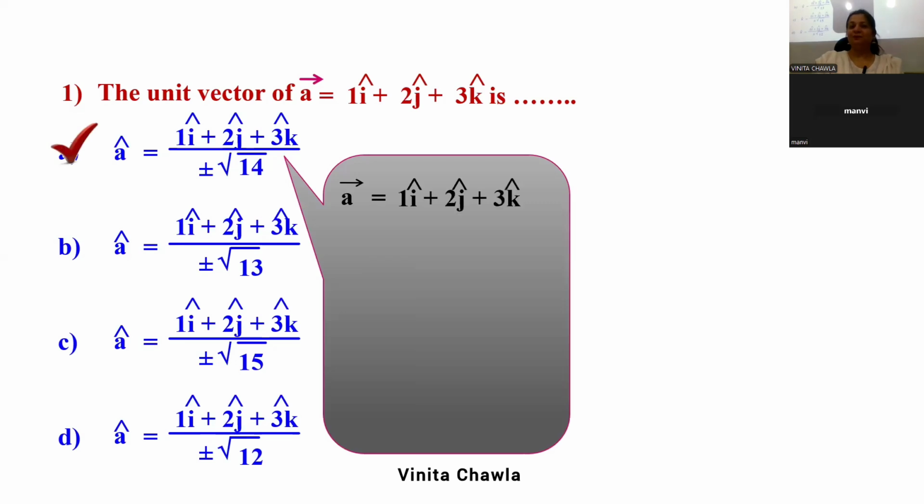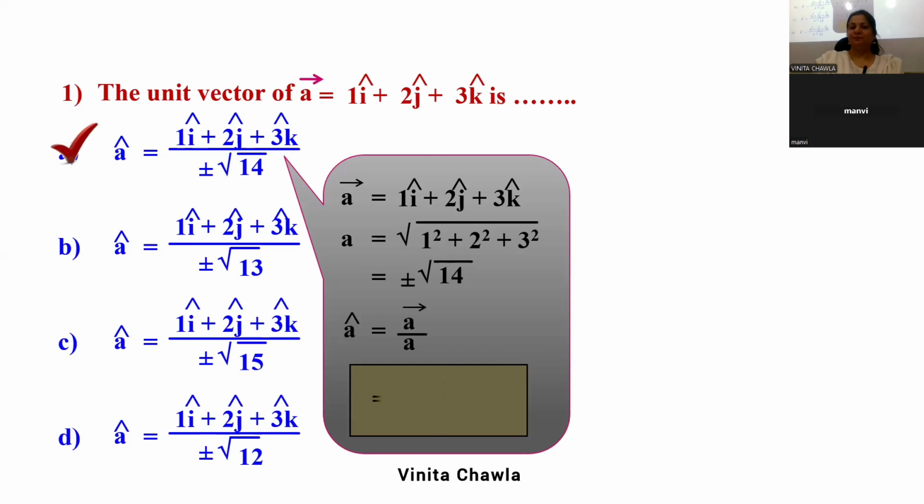How will you solve this? Vector A is given. We'll find modulus of vector A. है ना? 1 square plus 2 square plus 3 square under the root. And then we will divide them. Good. Next question.